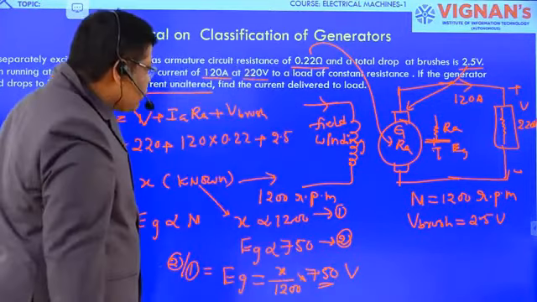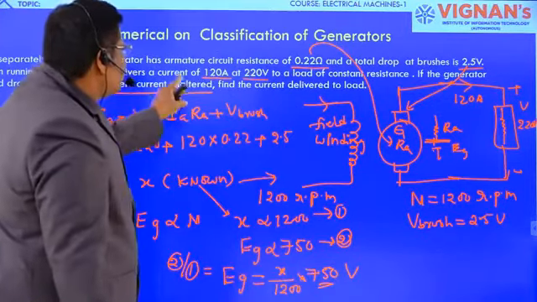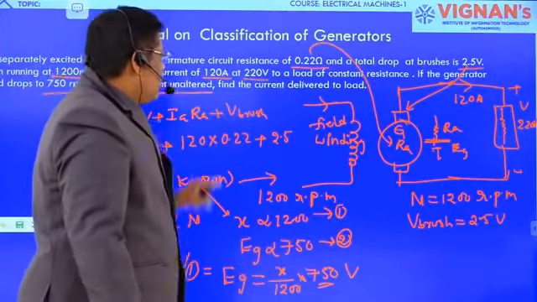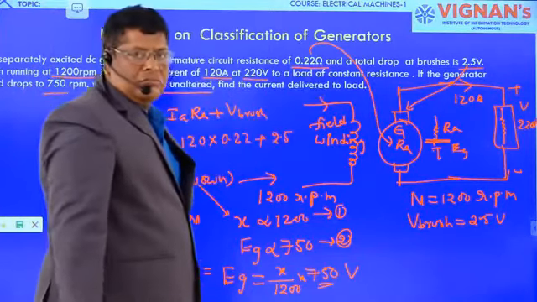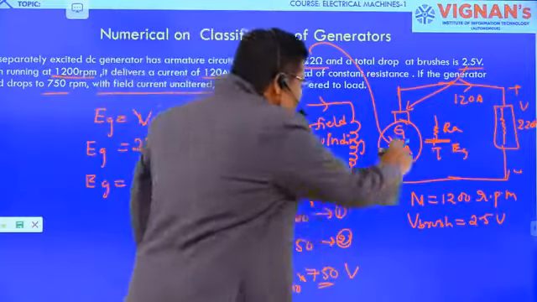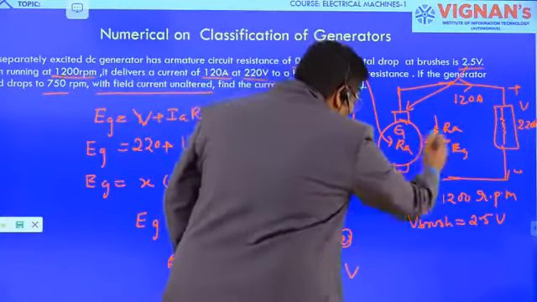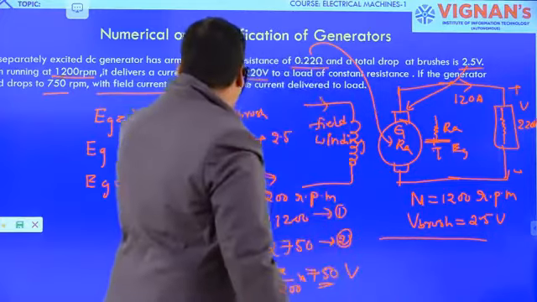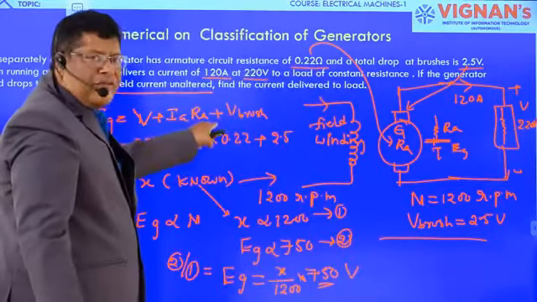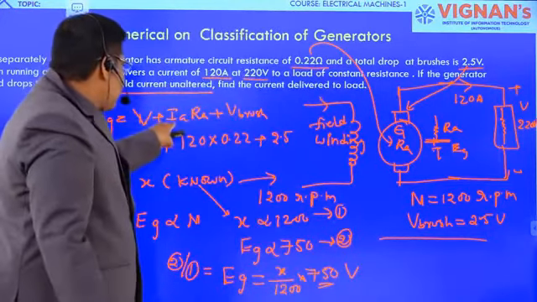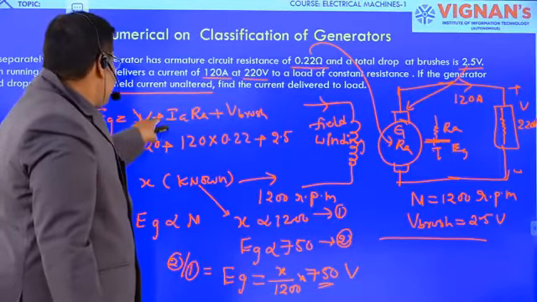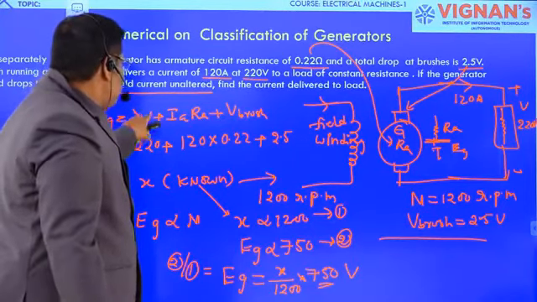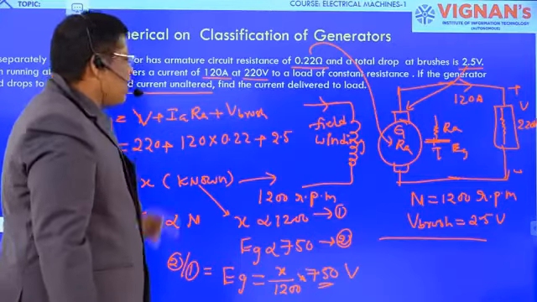But they're asking to find out how much current is delivered to the load. So if you apply KVL in this equation, find the IA from this equation. How much do you get? EG minus V brush divided by RA.